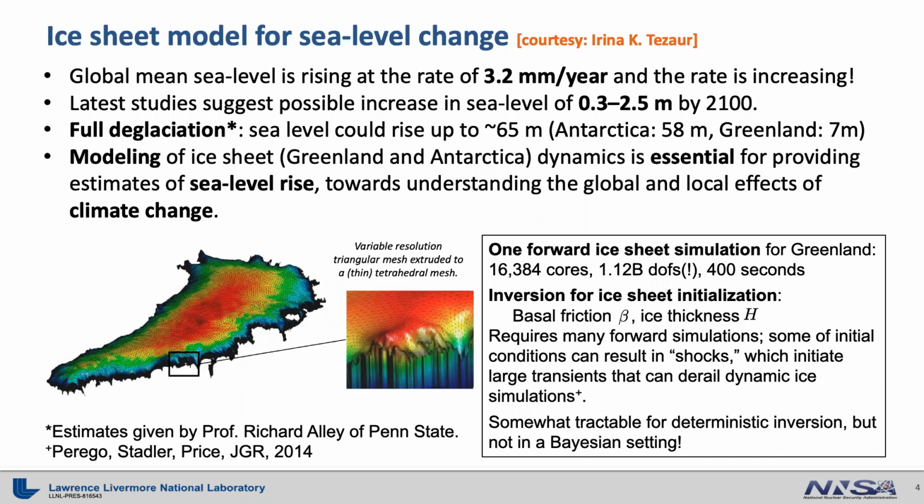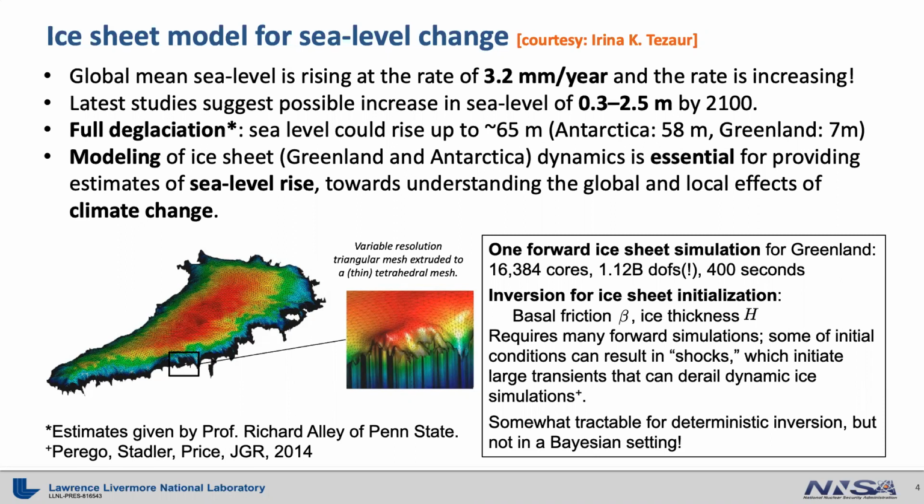For example, this ice sheet simulation for Greenland takes 16,000 cores and 1.12 billion degrees of freedom and takes 400 seconds for one time step. Typically, you will want to run the model for decades and centuries. And there is a pretty restrictive CFL condition for this problem. So imagine how expensive it would be for one full simulation, right?